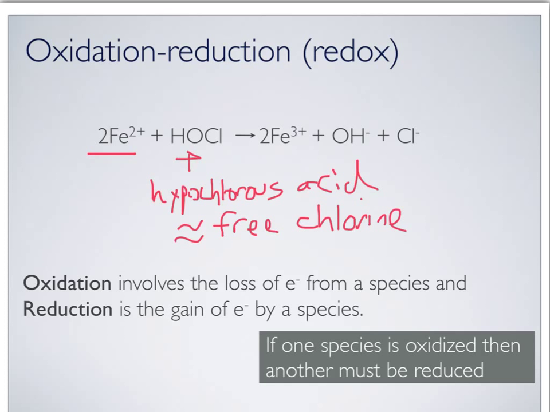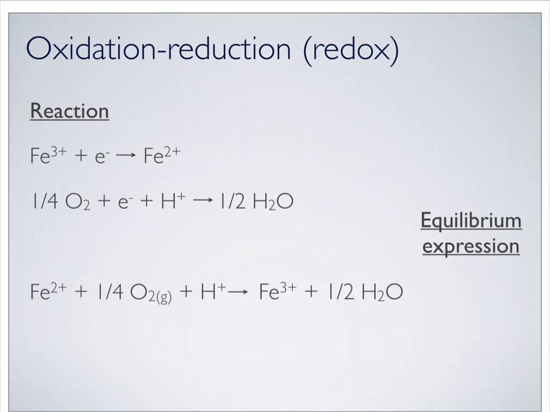So those two react, and the Fe2 gets oxidized to produce Fe3, and then the hypochlorous acid breaks apart. So this is an example of an oxidation-reduction reaction. So to describe redox reactions, we typically break them apart into half reactions. One of them is going to describe the oxidation, and the other describes reduction. Now, unfortunately, to confuse things, by convention, half reactions are written as reductions.